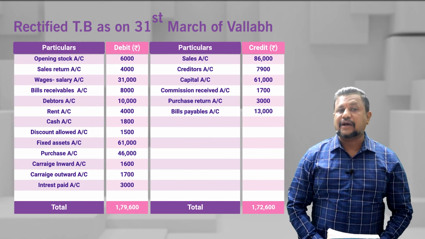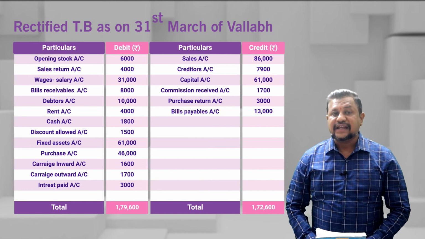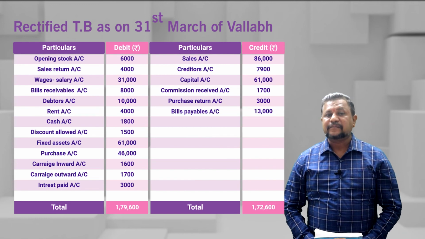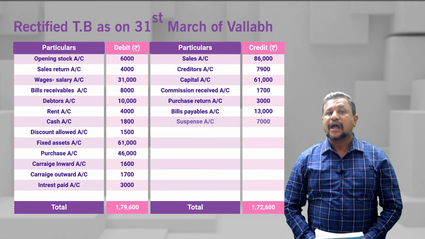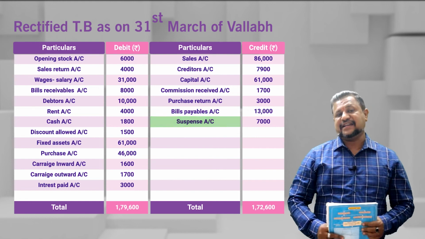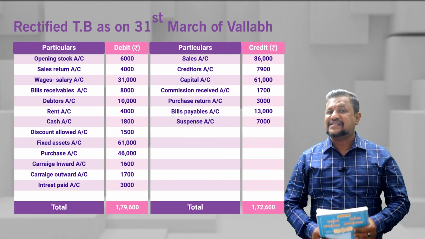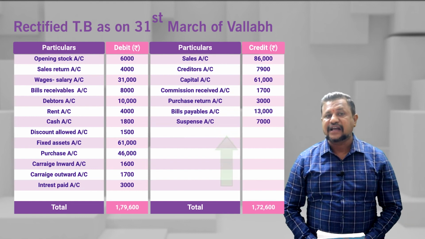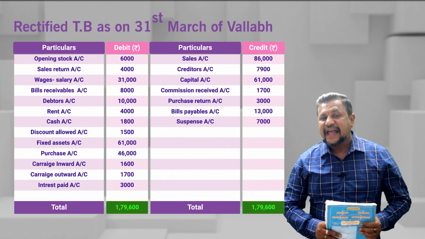So this 7,000 rupees will be recorded in suspense account guys, and this suspense account we will show in the trial balance credit side. Once we show this suspense account in the trial balance credit side 7,000, our trial balance will agree.